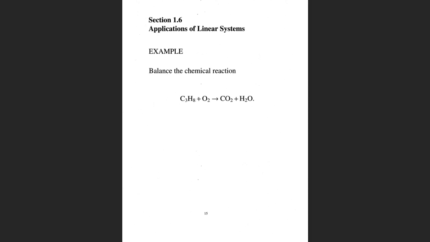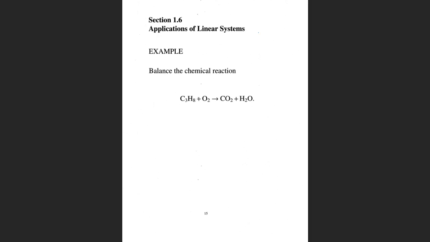So let's see here. Now, what are we actually doing here? All we're saying here is that we are taking, do you remember, C3, C is what kind of atom?